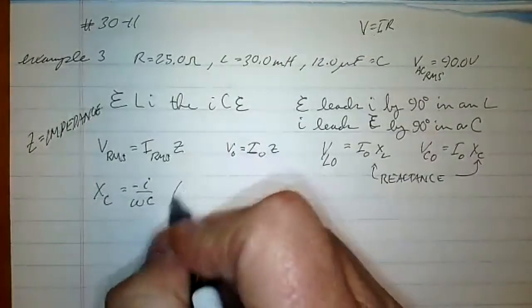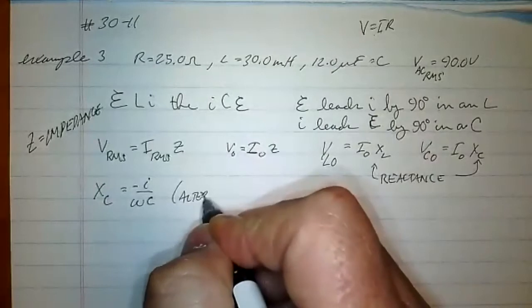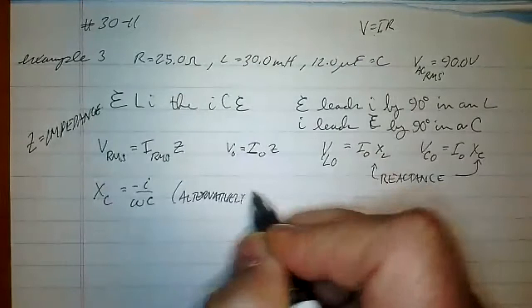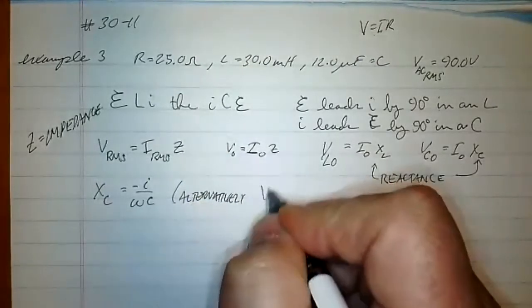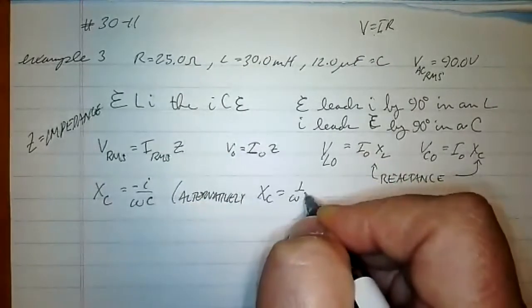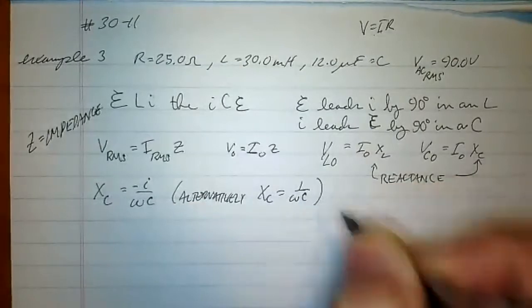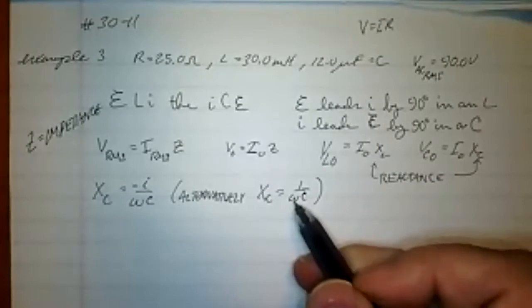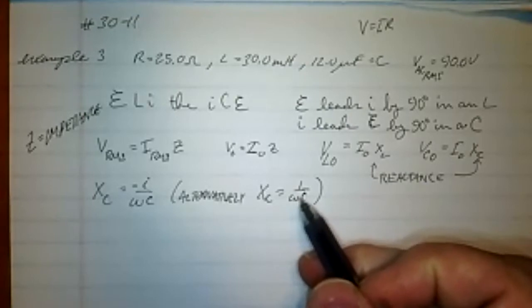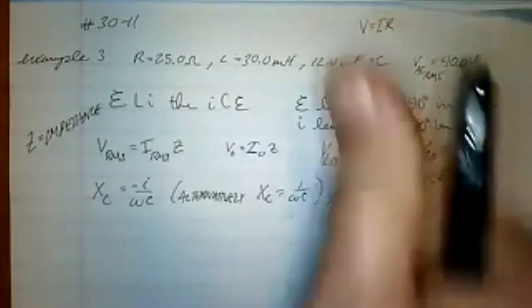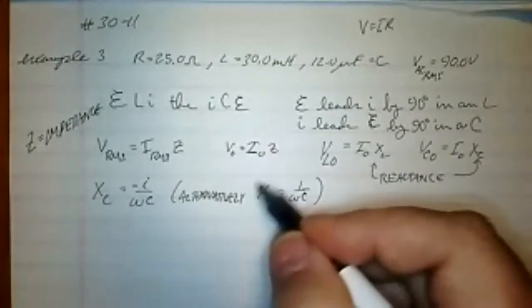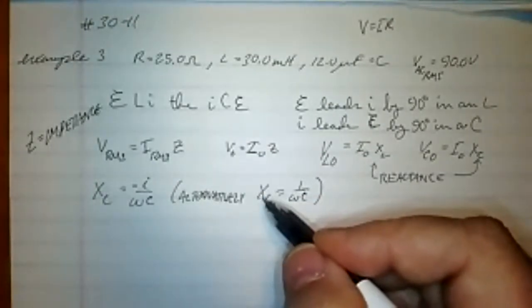What you can do alternatively is forget about the imaginary number and just say XC equals 1 over omega C. What that tells you is as the frequency, which remember is F, and the angular frequency is 2 pi times F, so that's omega. In other words, when frequency goes up, omega goes up. But you see, the larger and larger the frequency gets, the less and less resistance a capacitor becomes.